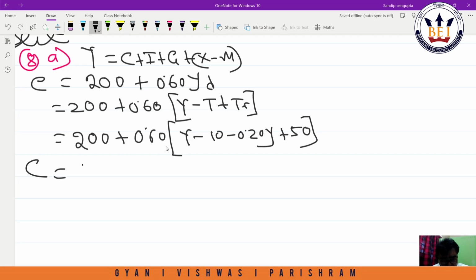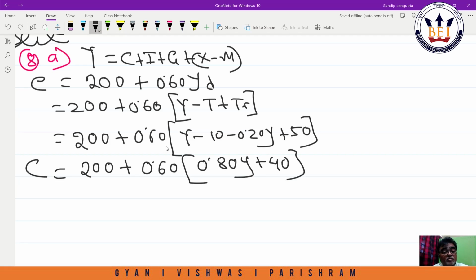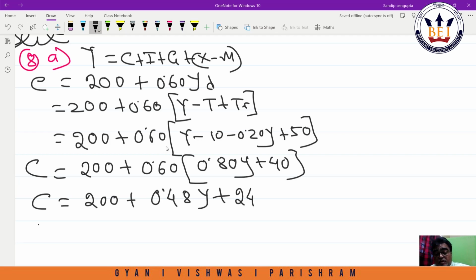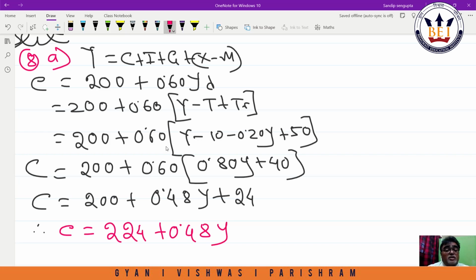So C is equal to 200 plus 0.60 times (0.80y plus 40). So C is equal to 200 plus 0.60 into 0.80, which is 0.48y, plus 0.60 into 40, which is 24. So my C comes out as 224 plus 0.48y.